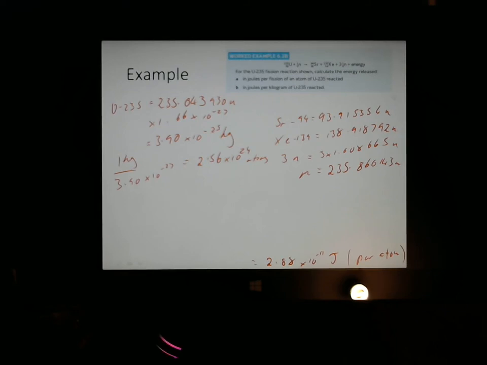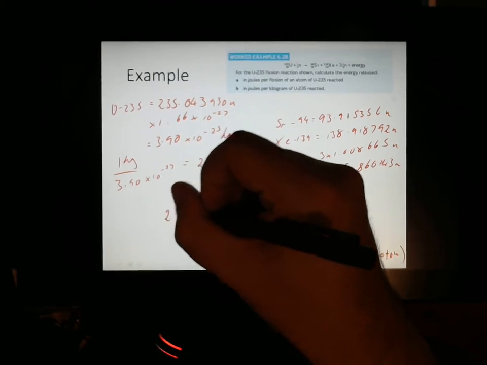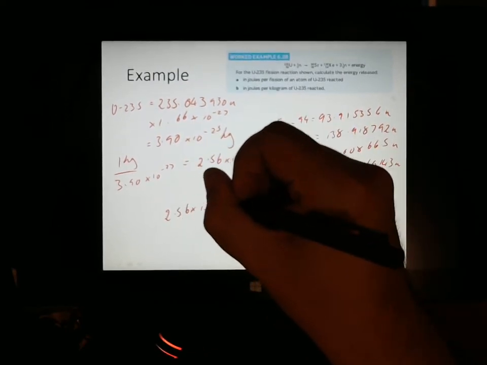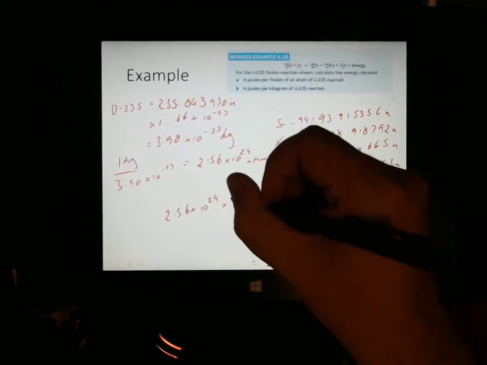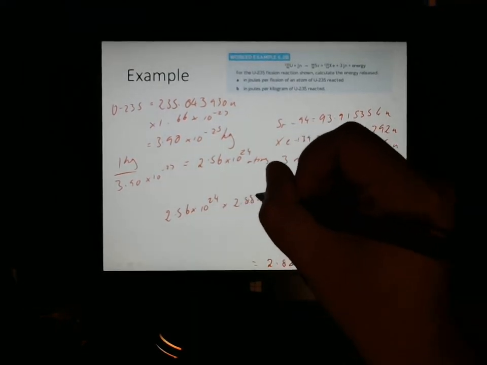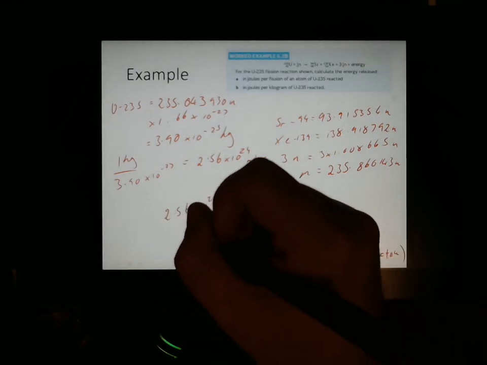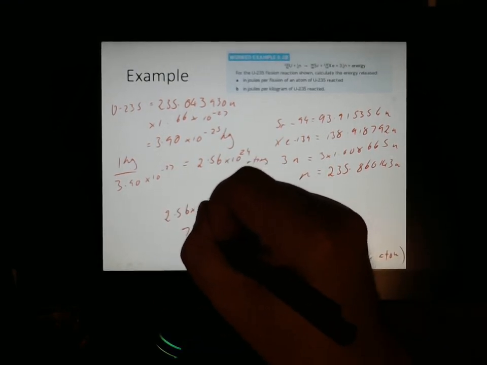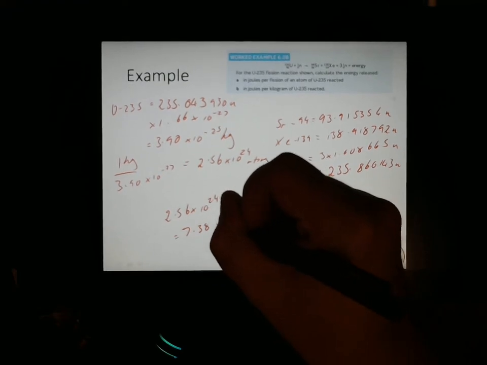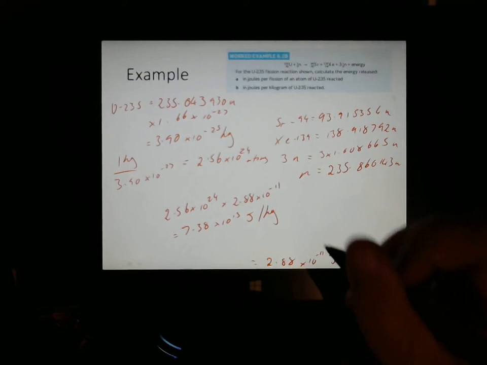We multiply these two together, and we've got the amount of energy per kilogram. So 2.56 times 10 to the 24 multiplied by 2.88 times 10 to the negative 11, and we end up with an answer of around 7.38 times 10 to the 13 joules per kilogram.